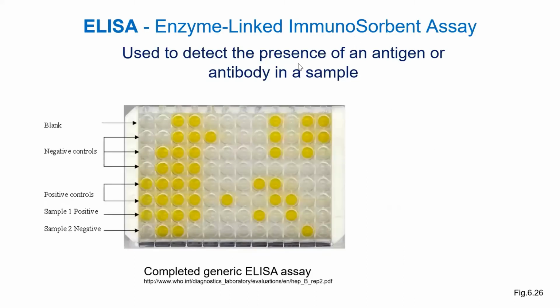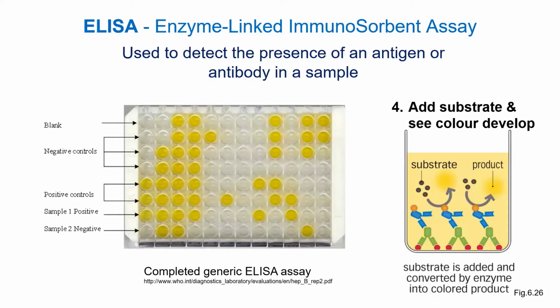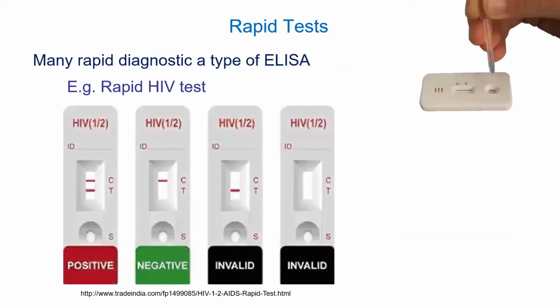We had also mentioned before, there's a sample of an ELISA assay in a multi-well plate. You can see there are some negative and some positive results. And I had also mentioned that there are all sorts of rapid tests based on the ELISA principle. Here's a rapid HIV test, very similar to a pregnancy test, in that there's a little place to put a sample, whether it's blood or urine or something else.